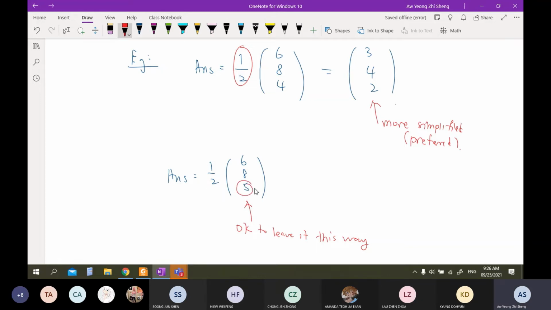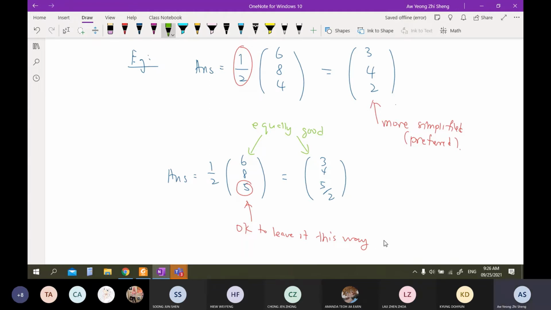When you distribute the half inside, it's just 5 over 2. Although 6 and 8 can be simplified, 5 cannot. So in such circumstances, half of (6, 8, 5) and (3, 4, 5/2) are considered equally good as final answers.